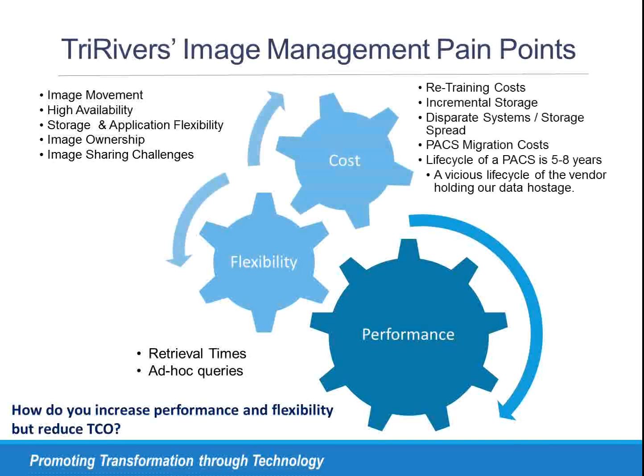We felt we were in a vicious life cycle of the vendor holding our data hostage. I'm talking about the PACS vendor. So moving into the vendor-neutral archive has literally eliminated the migration costs that we would have as we move from PACS vendor to PACS vendor over a period of time.